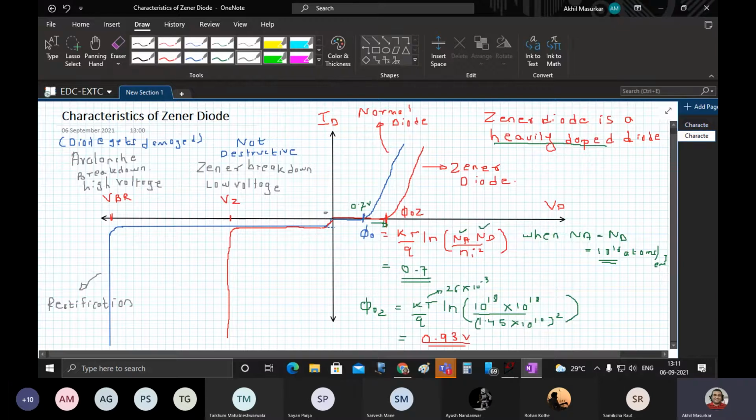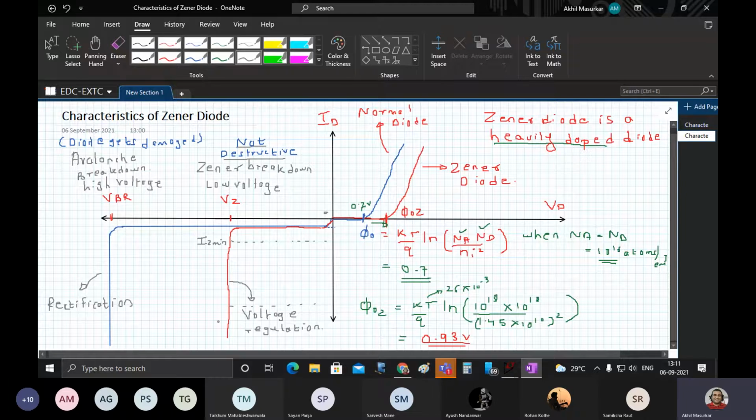So generally, since this is not destructive in nature, you can see that current increases but voltage remains constant. That means for different values of current, let's say Iz min, and here we have something called as Iz max.